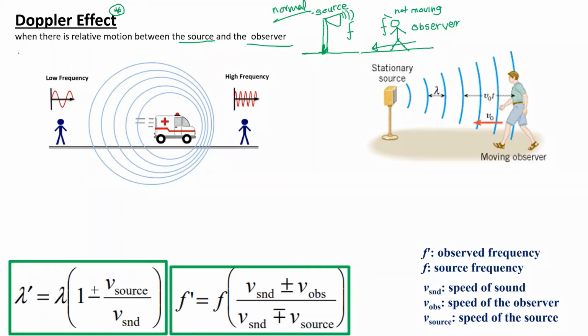Okay, so here are two examples. This is my example 1, and this is the example 2. So relative motion can happen in two ways. One is when the source, so this is the source, right? Source means which produces the sound. Okay, so here is an ambulance.